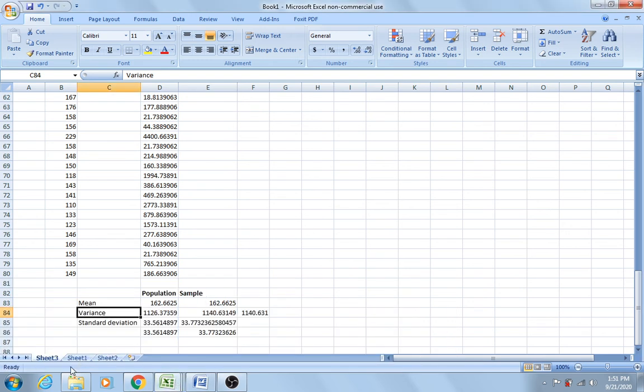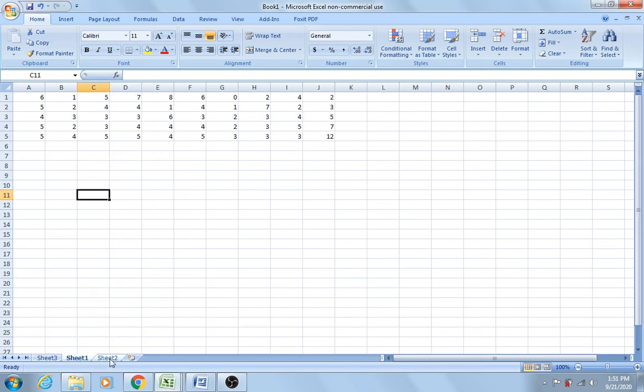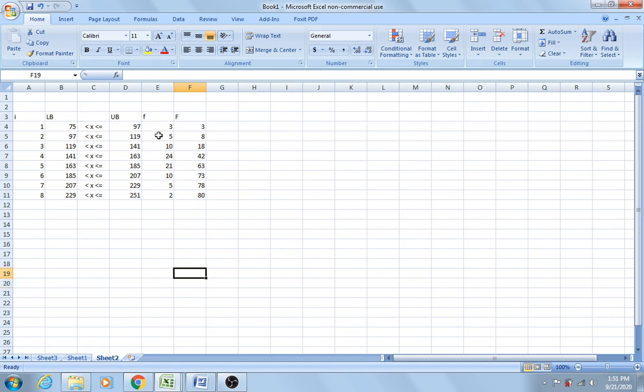Okay, let's see what I have here. This is what we call the distribution table, and this is the table that we use in order to construct a histogram.